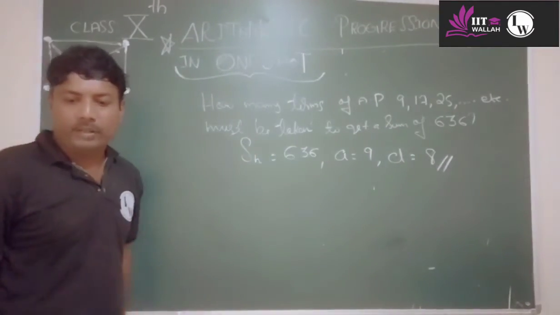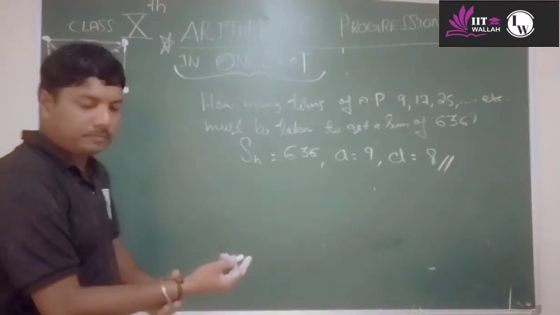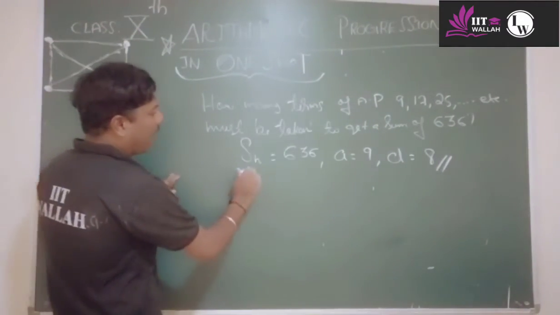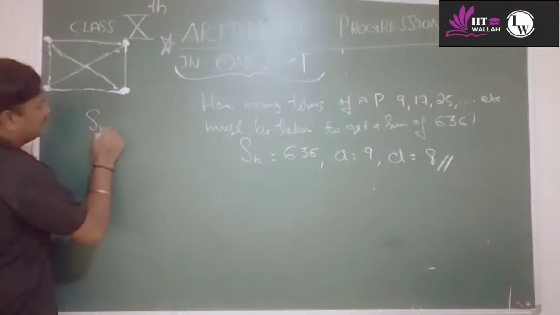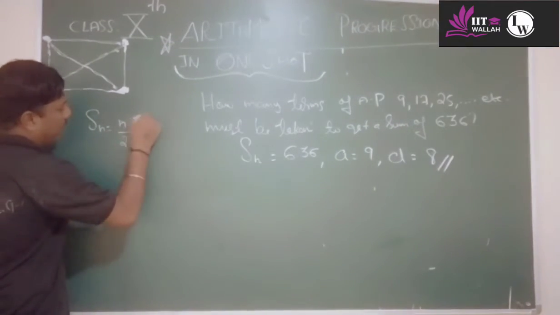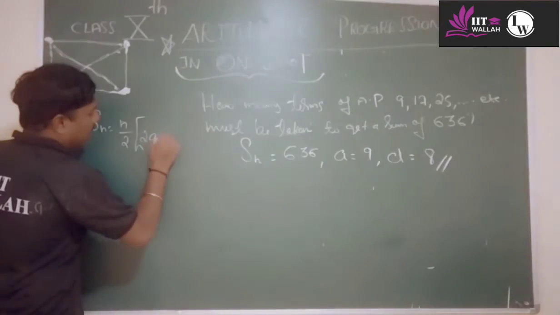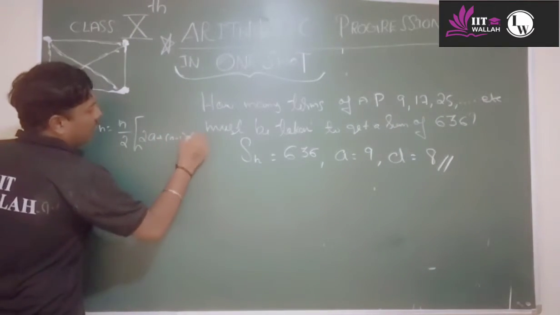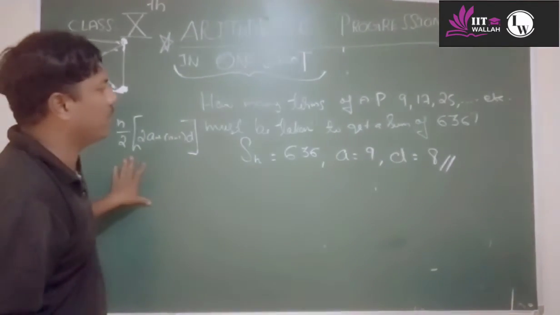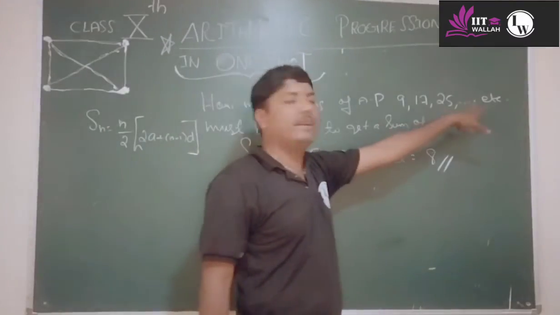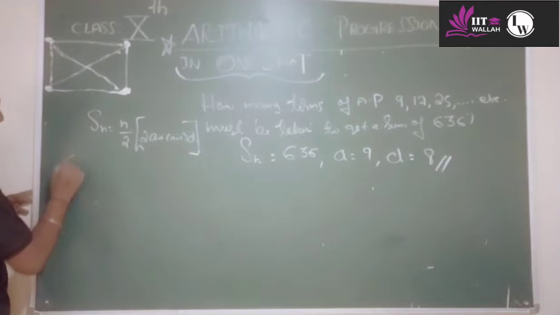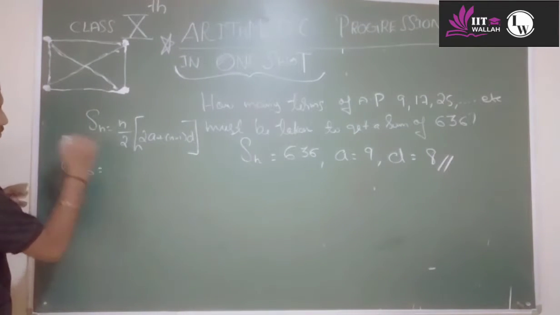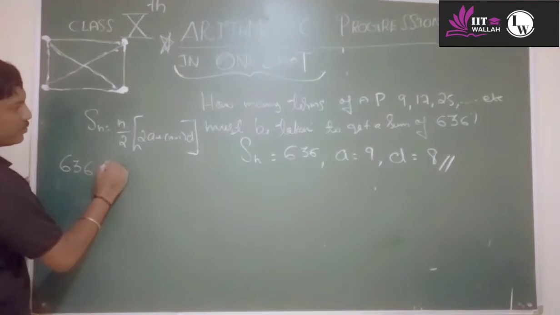So d is 8 here. First, Sn is equal to n by 2 into 2a plus n minus 1 into d. This formula will be used here because we don't know the last term in this AP. So Sn is given, 636 is equal to n by 2.